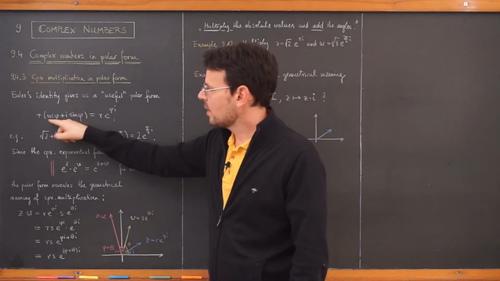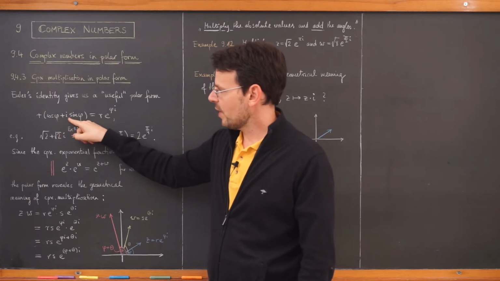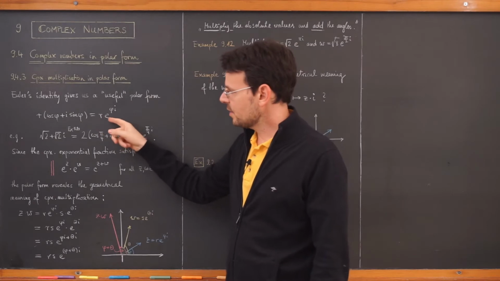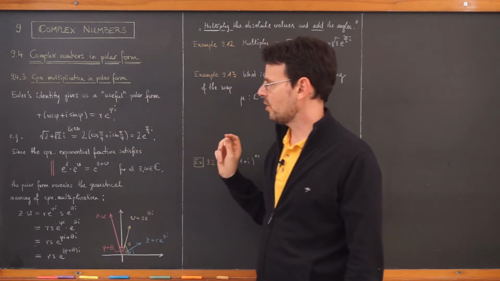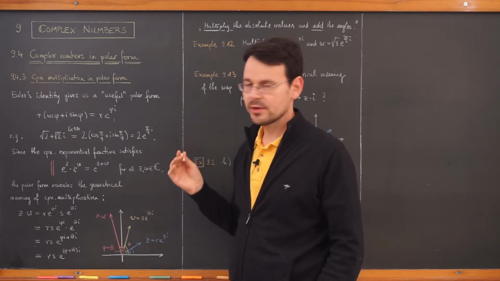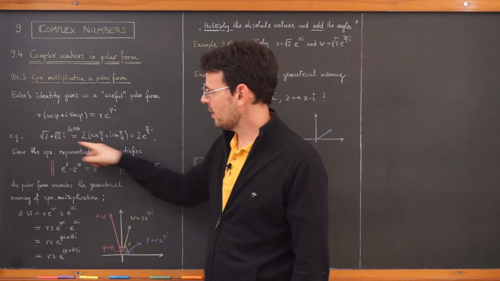But now, since we have Euler's identity, we know that this expression in the brackets is exactly e to the phi i. And this here is what I call the useful polar form, because this is very good to actually do calculations with. In example 9.10, we arrived here.